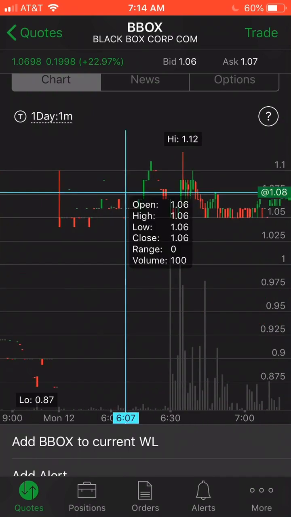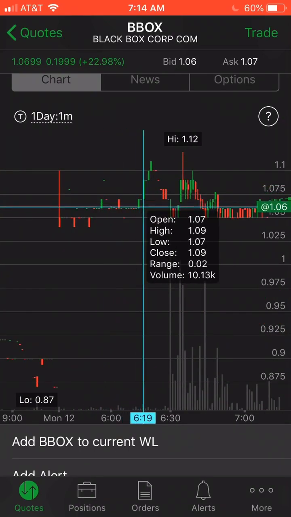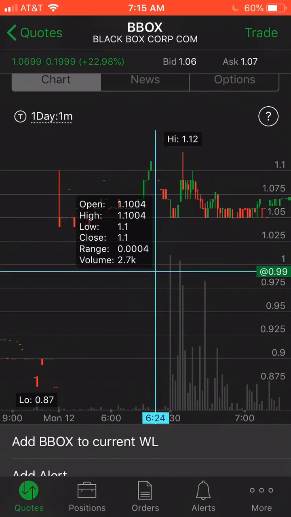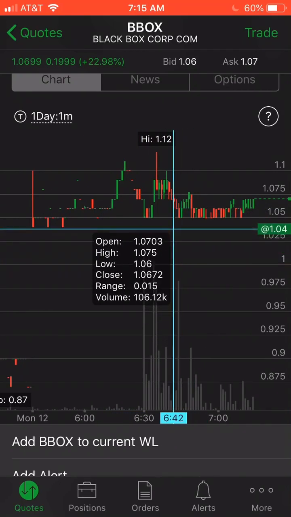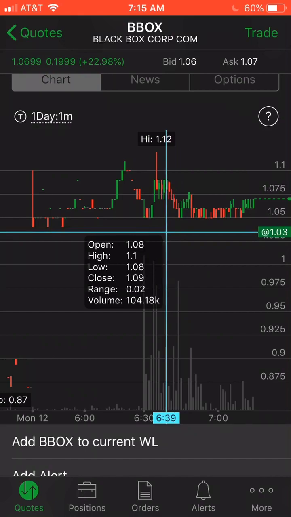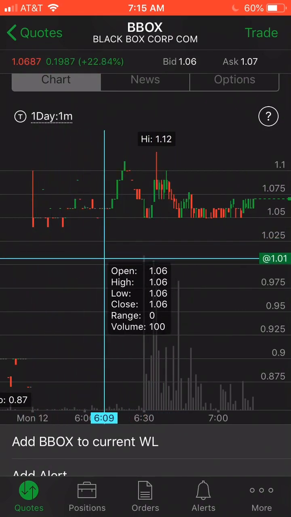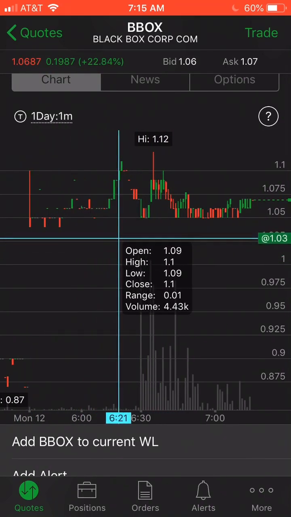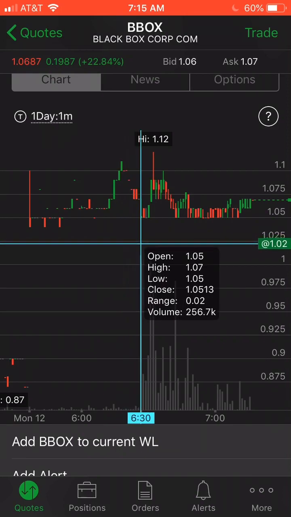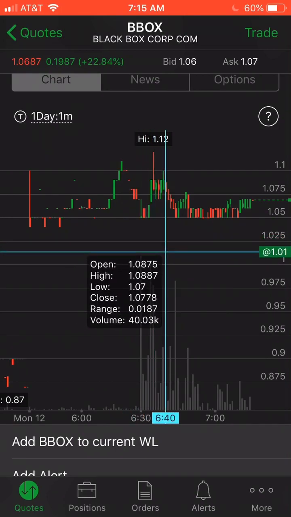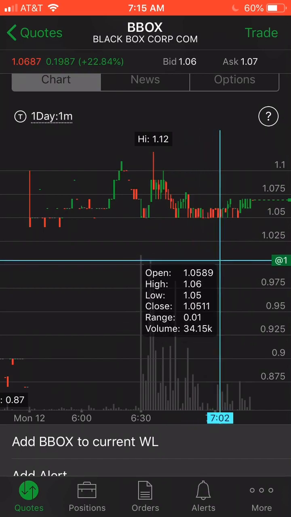So here, this was pre-market, and now when the volume was low before 6:30, you could see in the blue, and now this is the high.